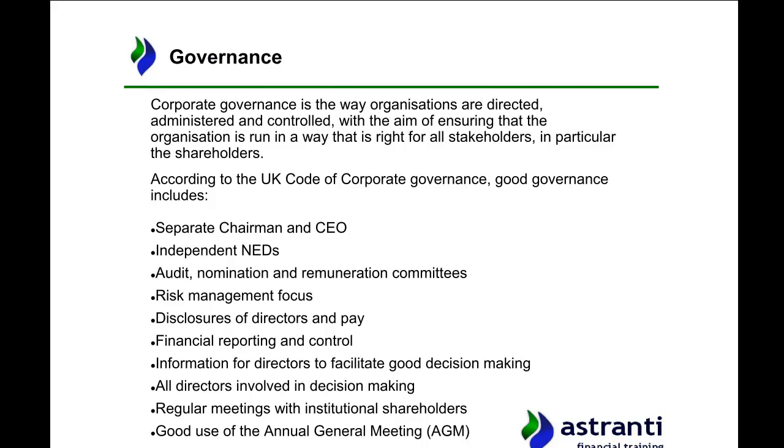Now, risk is a big CIMA topic, used at P1, P2 and P3 level. And essentially it's to do with ensuring that the directors are looking at potential risk and taking steps to mitigate them. Now, disclosures of directors' pay, this is to do with publishing accounts.